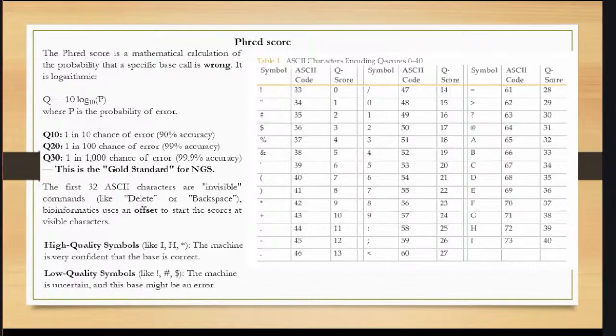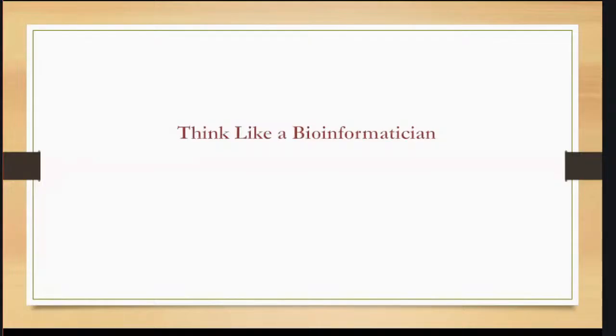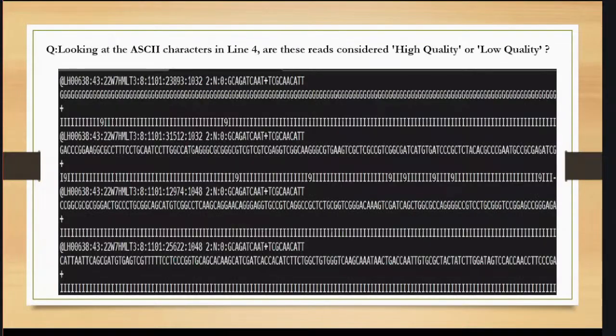Now if you have understood this and the previous slide, the format, you have to again think like a bioinformatician and answer this. This is a read file, there are multiple reads in this sequence, and can you tell me if this sequence is high quality or low quality?